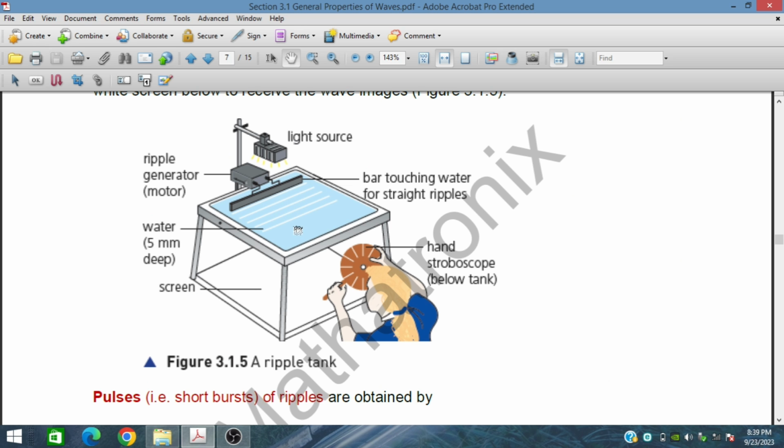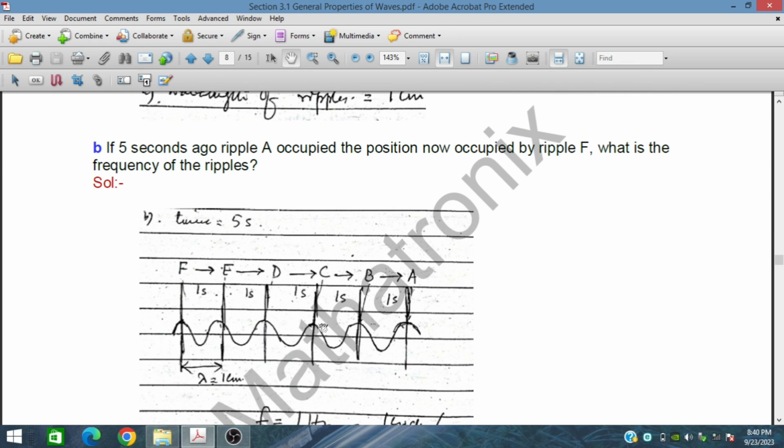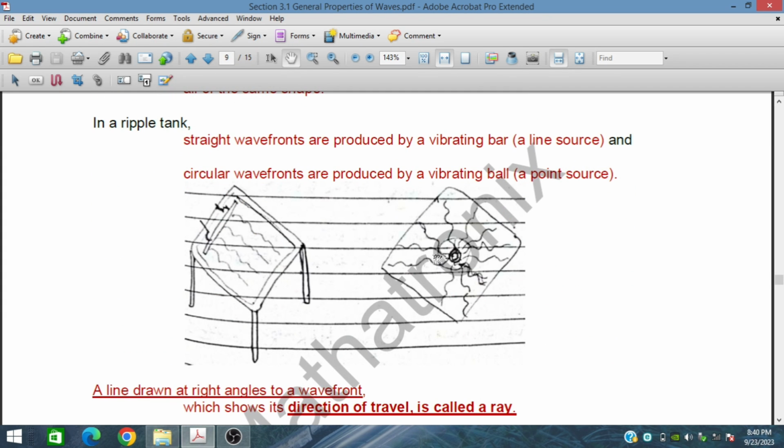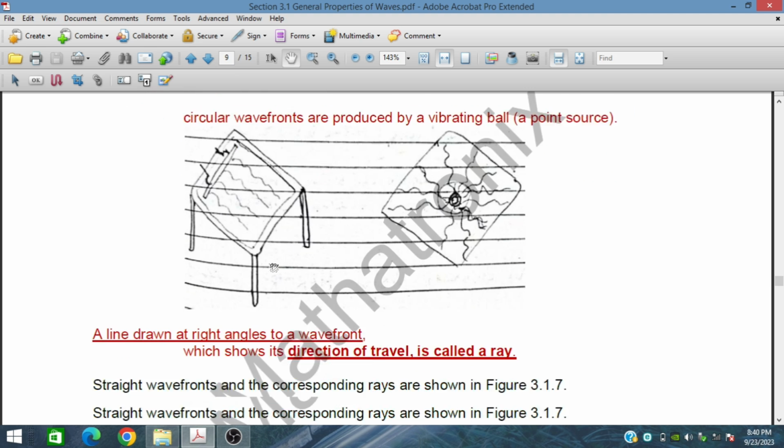This is the wavefronts, and the wave will be like this. In the case of circular waves, circular waves are produced in a ripple tank from a point source, or from a vibrating bar, a line source, straight line wavefronts are produced.